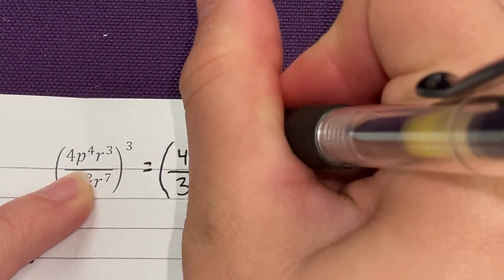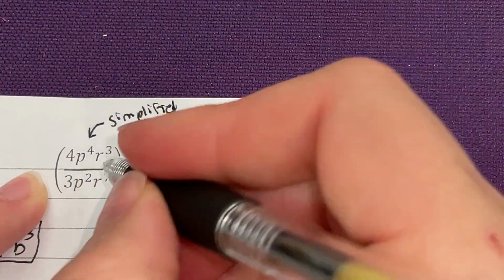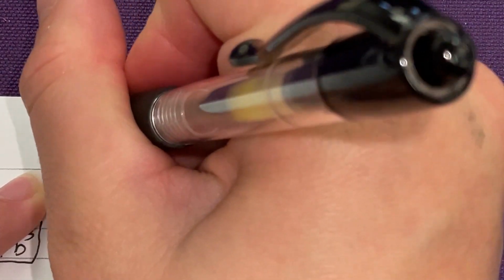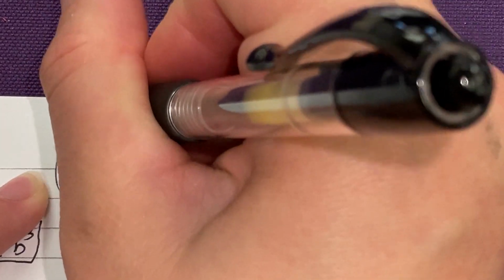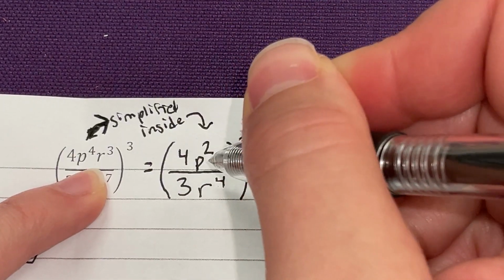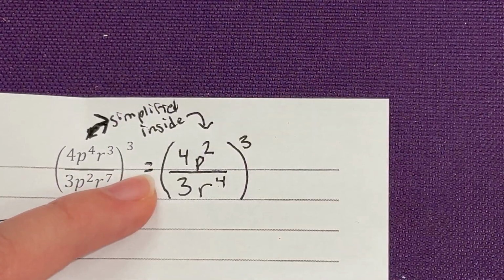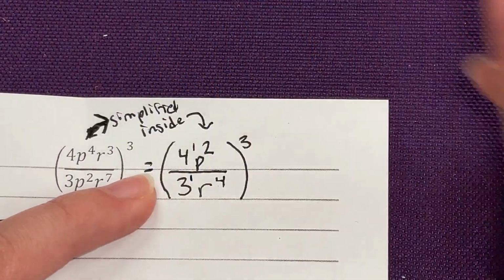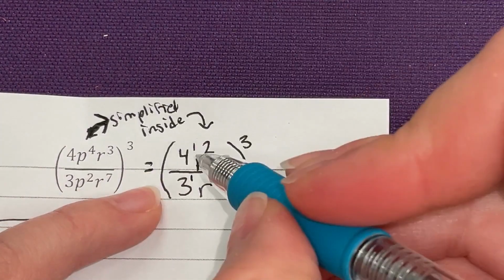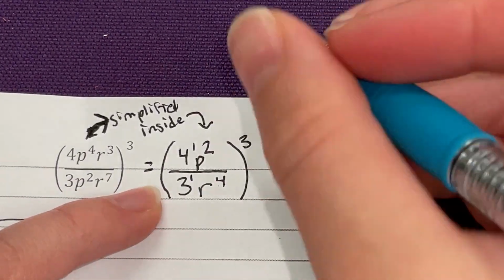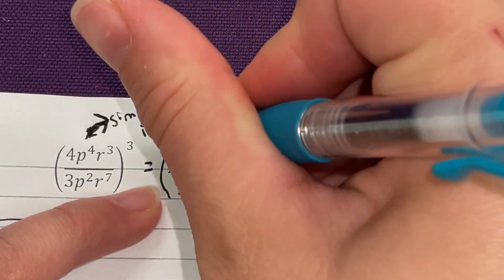And I still have that exponent I didn't deal with. I took the inside and I simplified it first. Let me do my arrows this way. So I took the inside, simplified it, and made it pretty, so that exponent's still on the outside. And now I'm going to distribute out that exponent. So I gave my 4 and my 3 an exponent of 1 so that I remember to distribute.